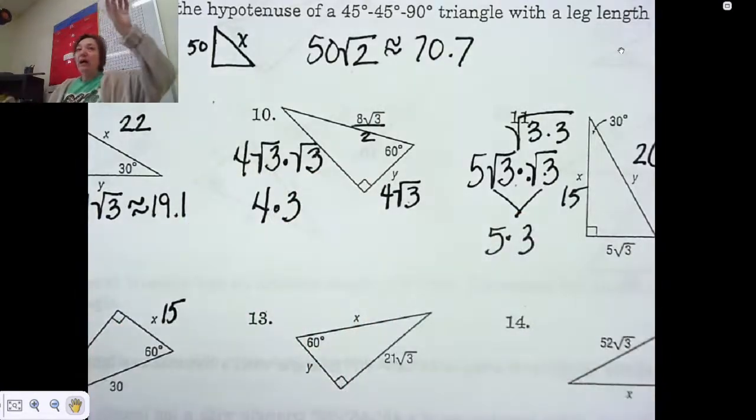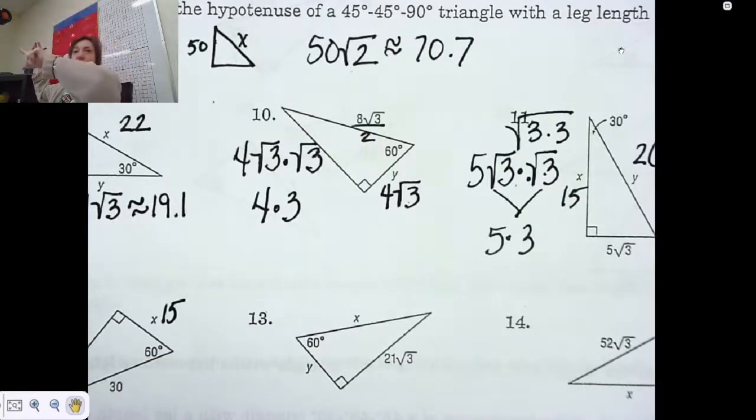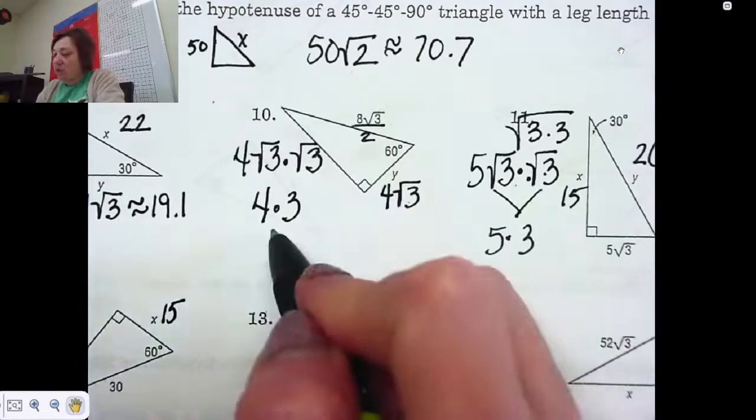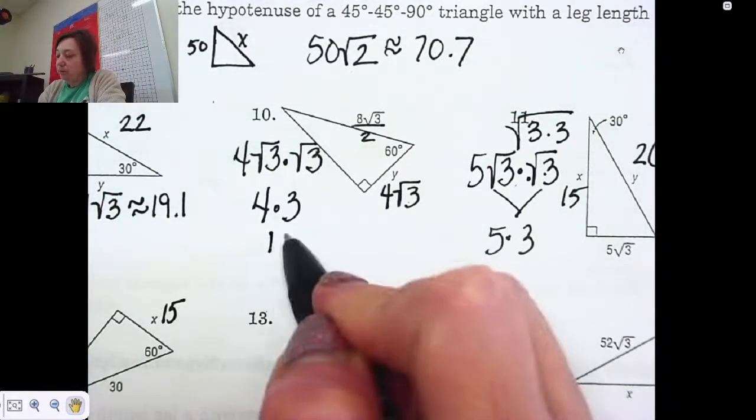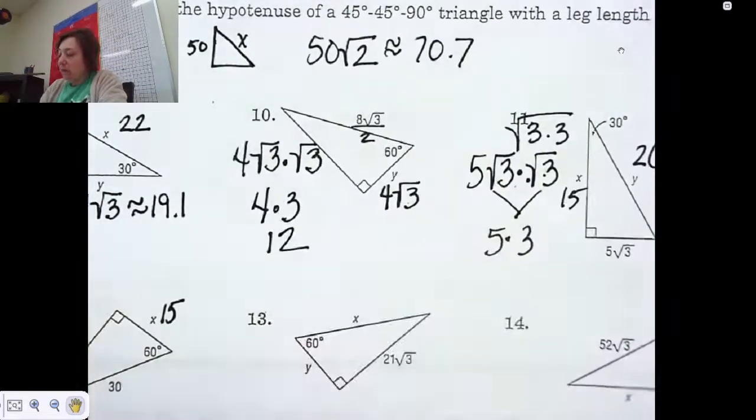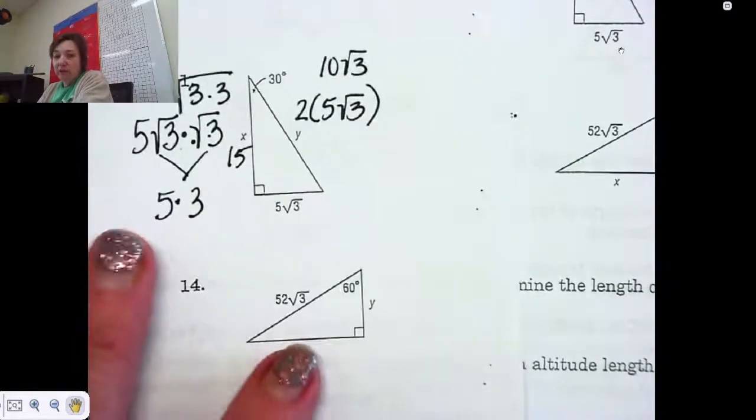When you multiply a radical times itself, you just get rid of the radical. You're just left with that number. Because you're multiplying a number times itself and then taking the square root of it. And that's what square root is: what number is being multiplied times itself. So what does that wind up with for our answer? 12.